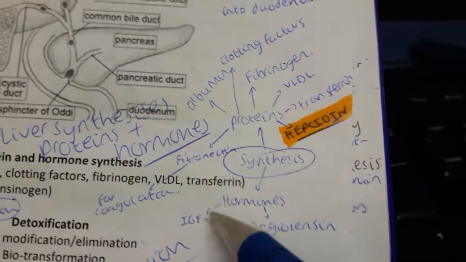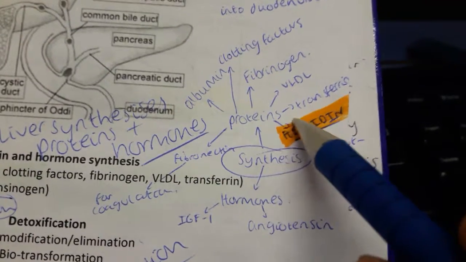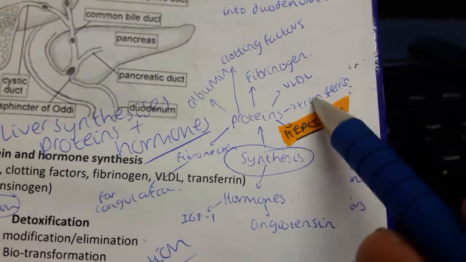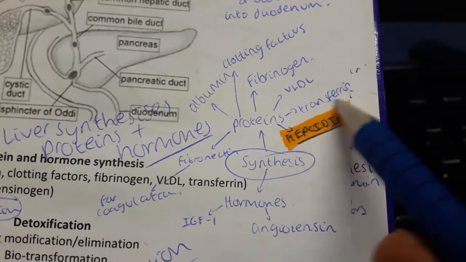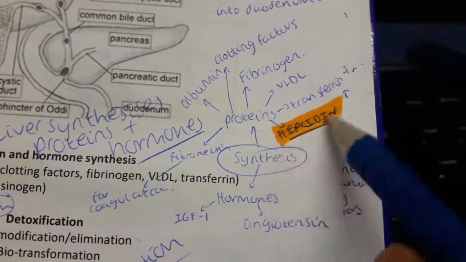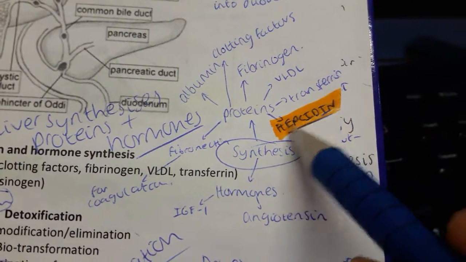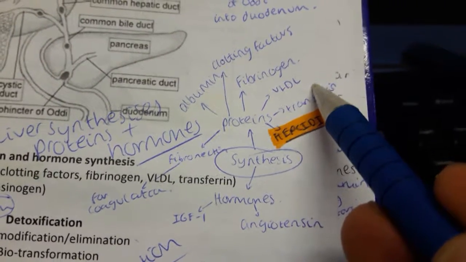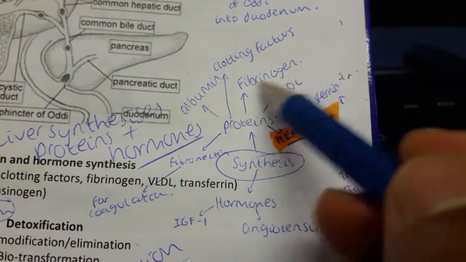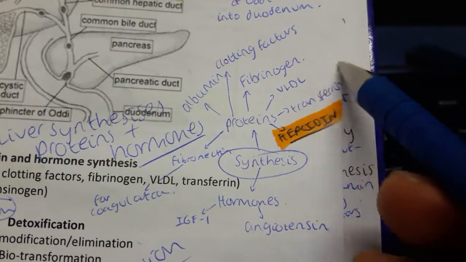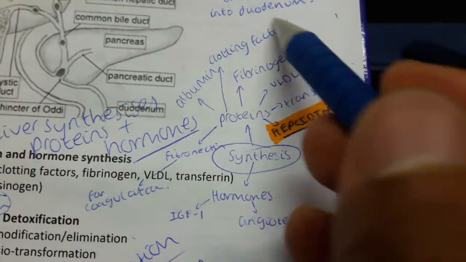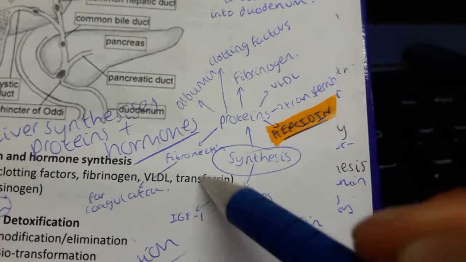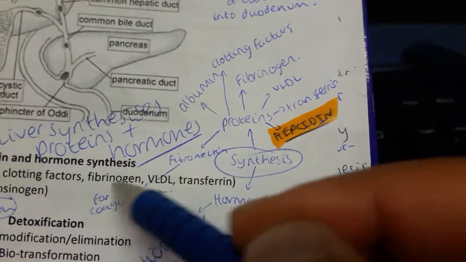Well, in terms of proteins, it produces transferrin, which is related to iron movement in the blood, hepcidin, which is a regulator of iron absorption, VLDL, which is very low density lipoprotein, fibrinogen, which is a protein in the blood, clotting factors, which allow clotting, and albumin, which is a binding protein in the blood, and also fibronectin, which is for coagulation.